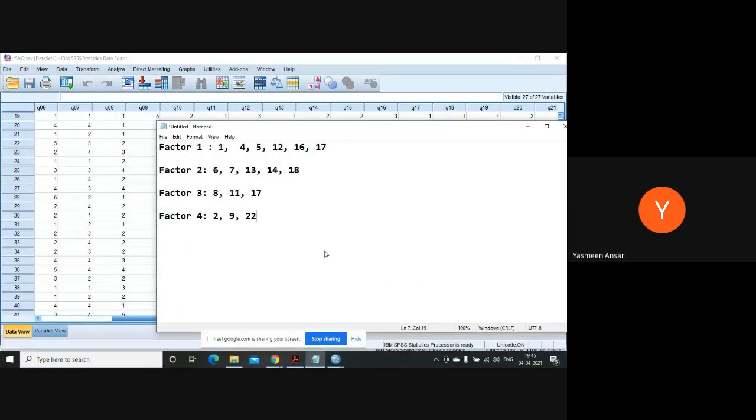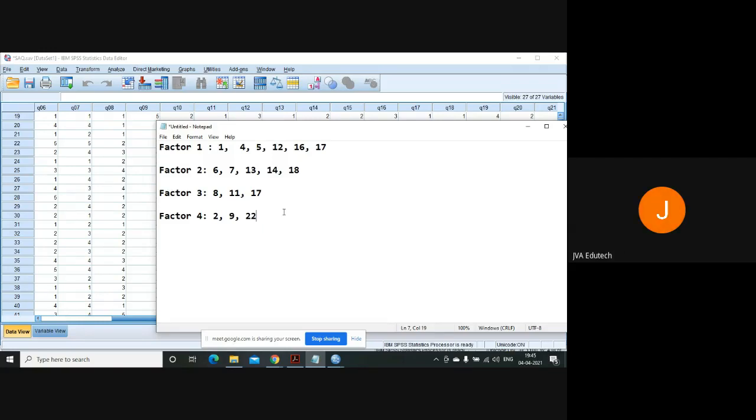So we have first, fourth, fifth. So 1, 2, 3, up to 17. You can see out of 23 statements, we were able to get 17 usable statements. The rest 6 we have dropped, right? Yes, sir.